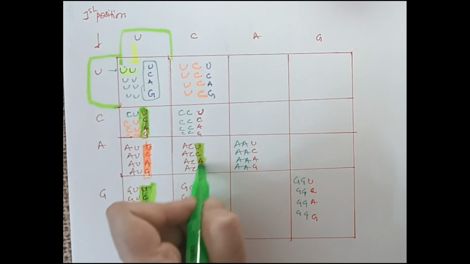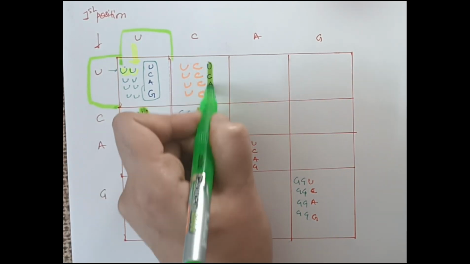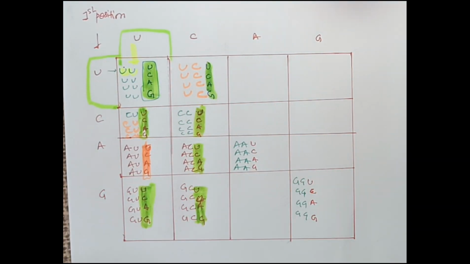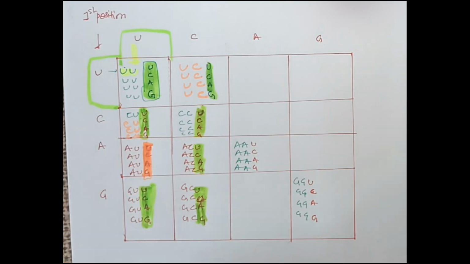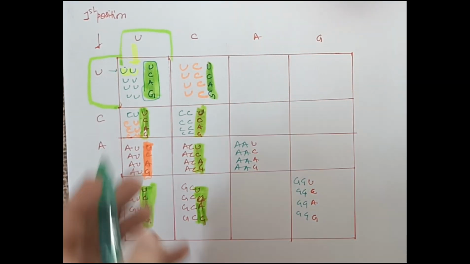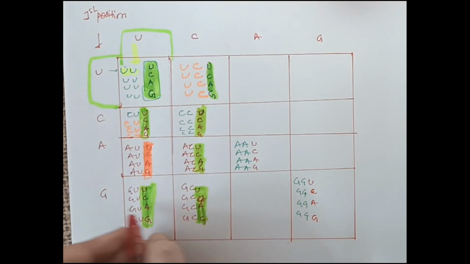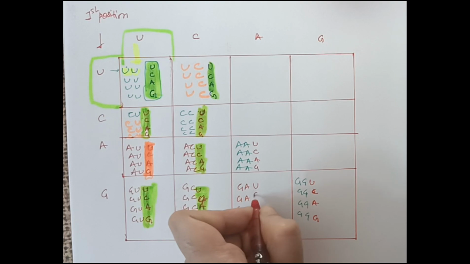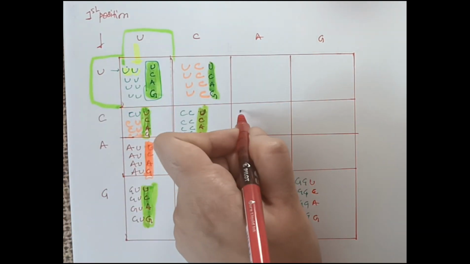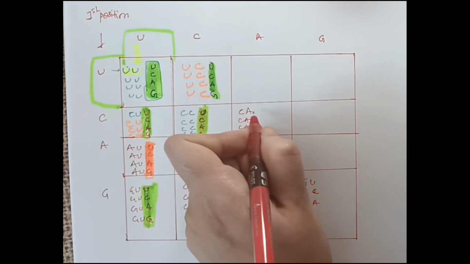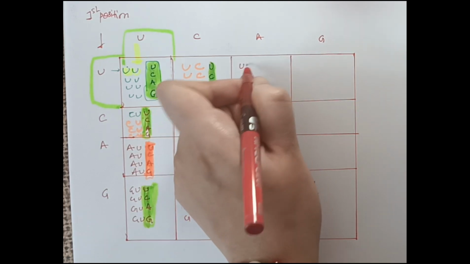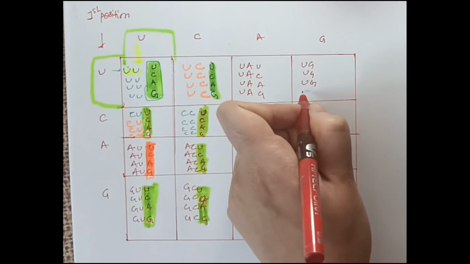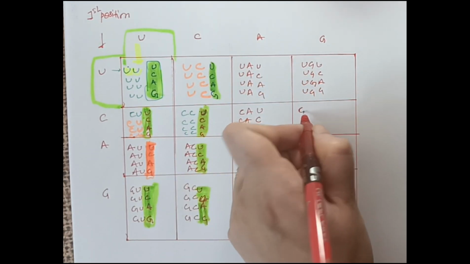Similarly UCU, UCC, UCA, UCG. Similarly for UA: UAU, then UAC, then UAA and UAG.